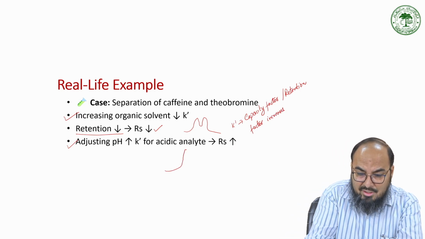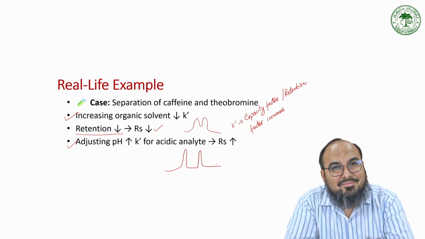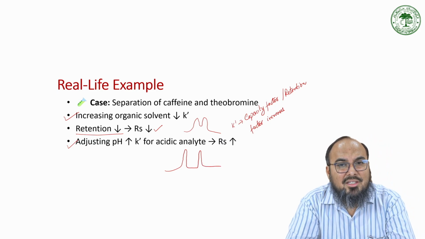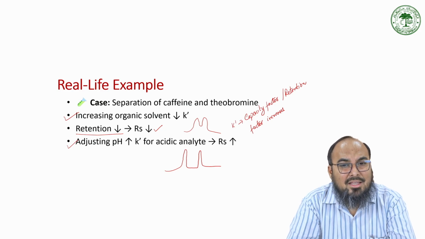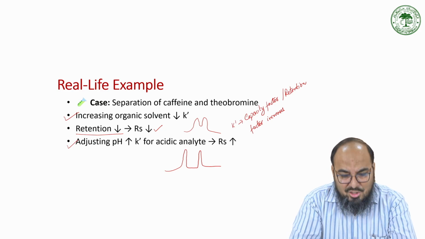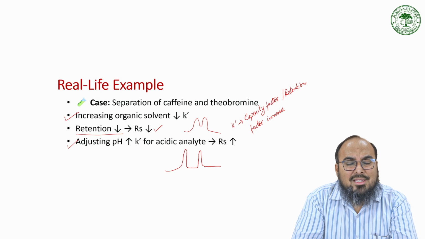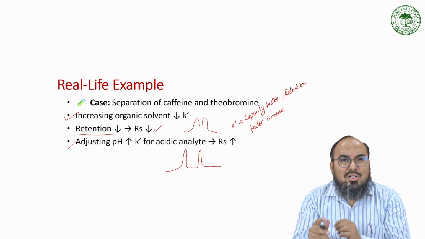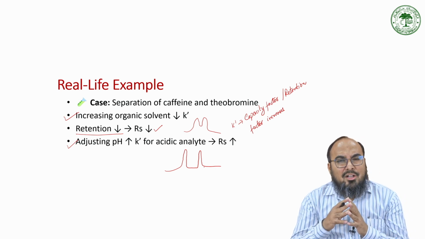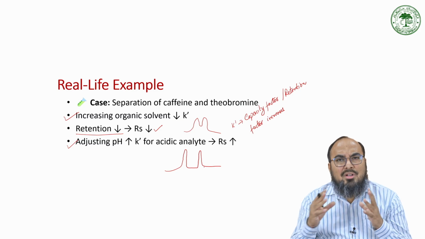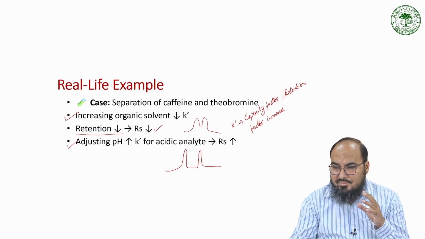Now you can have very good caffeine and theobromine peaks, well separated just by adjusting the pH, by adding the acid analyte. So you will get well separated peaks. This is actually the interplay where you can use certain factors to have good resolution of your components.